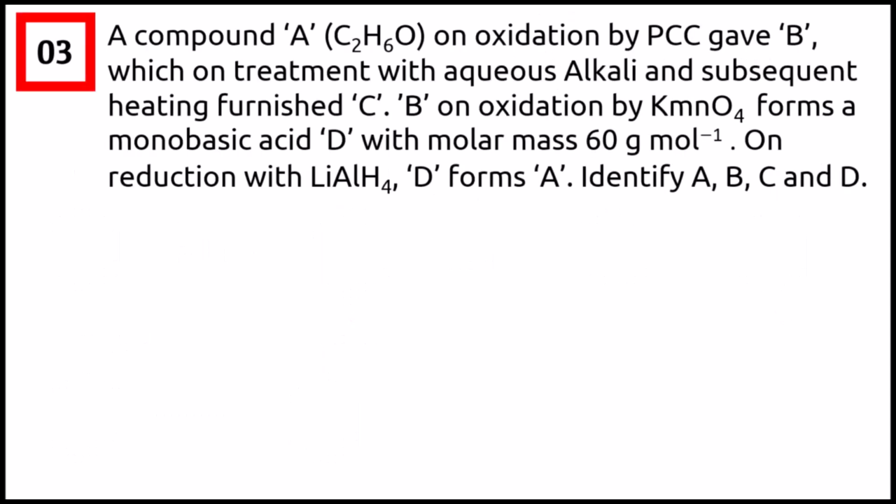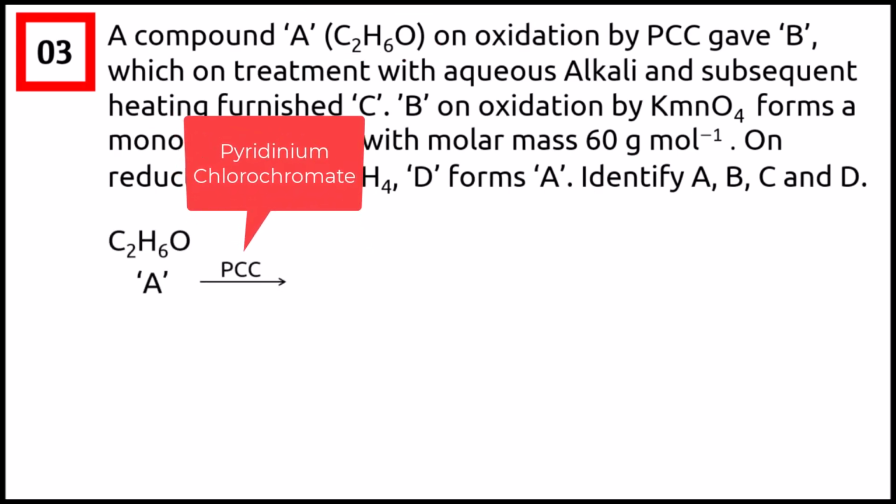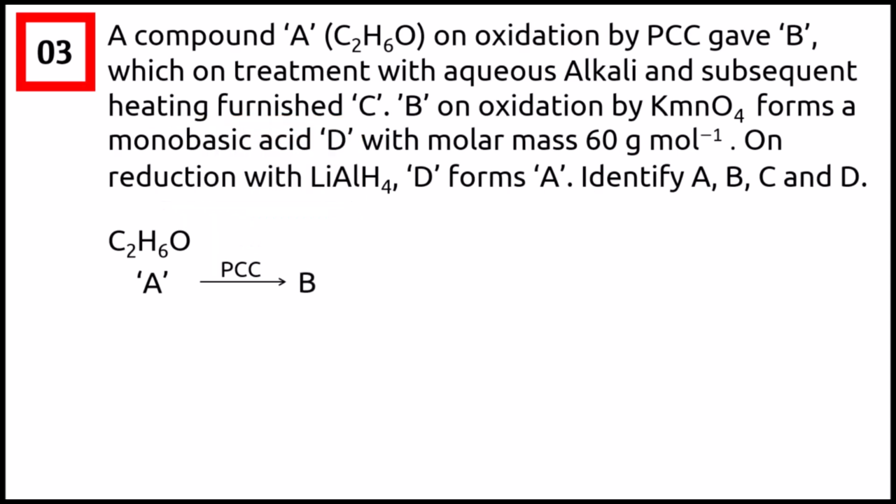Now, one more, in which the formula of the given compound is C2H6O, and that is treated with PCC, pyridinium chlorochromate. So it forms compound B. And this is further treated with alkali, and after that the second step involved in the reaction is subsequent heating.